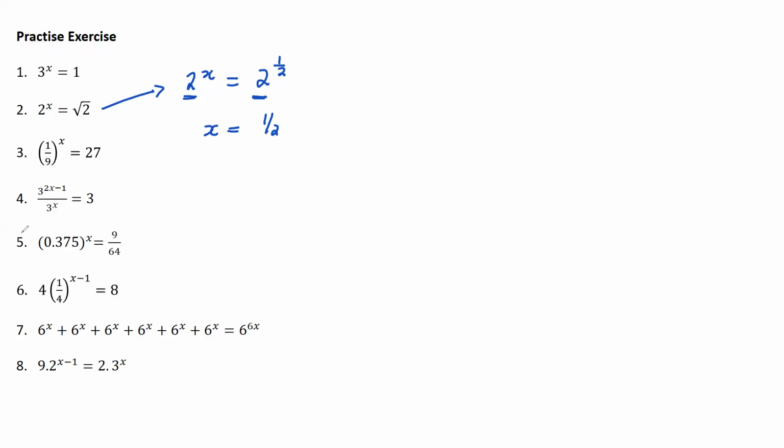Let me just jog your mind a bit as well on number 5, just in case. On number 5, 0.375 to the power of x is equal to 9 over 64. I think this is one of the first times we are actually finding a fraction or a decimal.